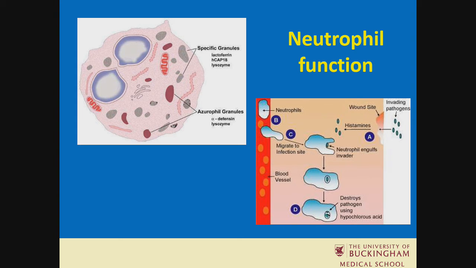So think about a case of infection. Wounding itself will cause inflammation, stimulate histamines, which will make blood vessels leaky. They'll produce neutrophil chemotactic factors, and so at the site of wounding and infection, neutrophils will rapidly be recruited from the peripheral circulation.